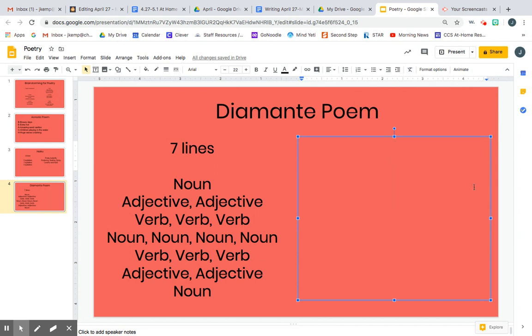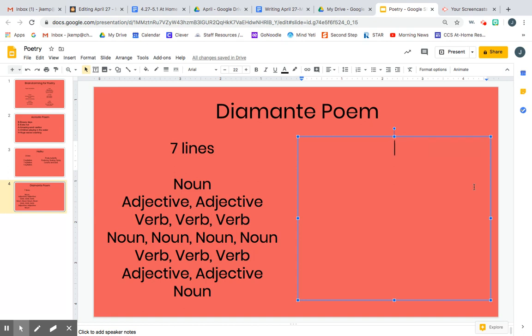So before we get started, we have to remember what nouns, adjectives, and verbs are. A noun is a person, place, or thing, or an animal could also be a noun. An adjective is a word that describes a noun. So it could be a size, like big or small. It could be a color. It could be an emotion, like happy or sad.